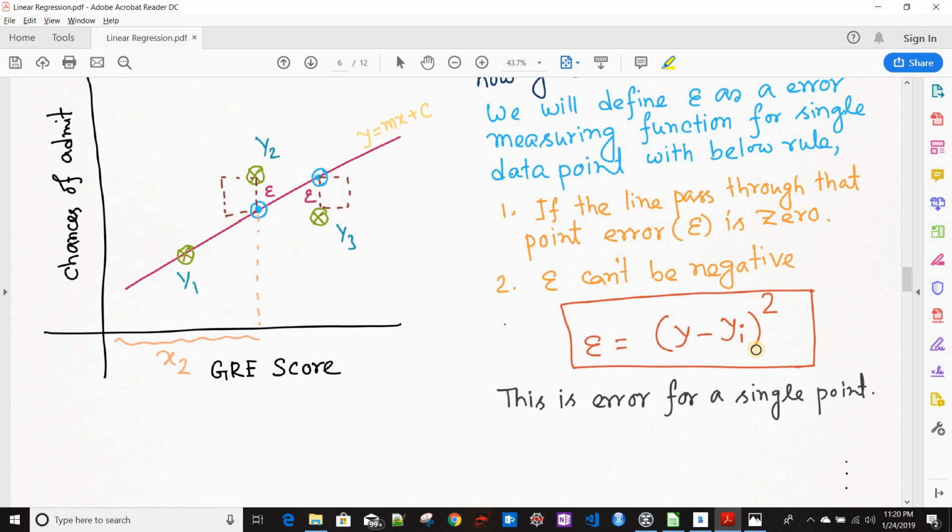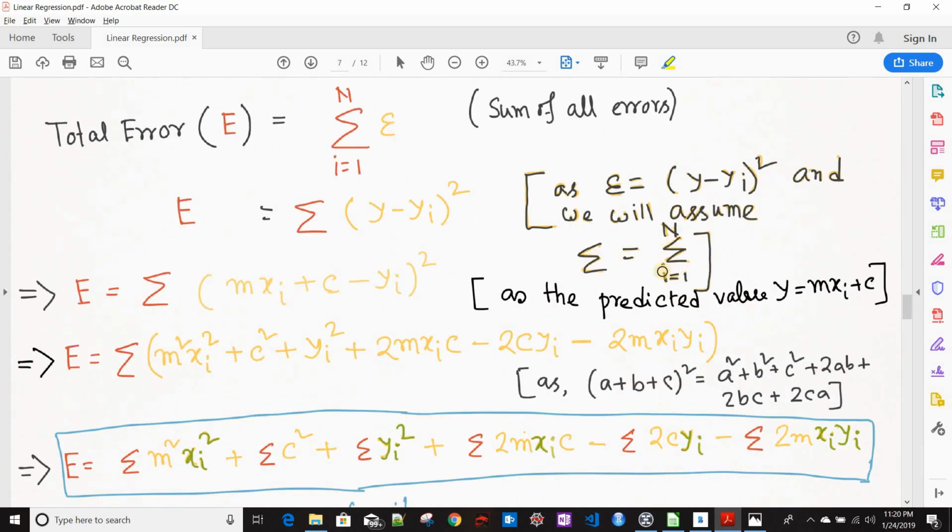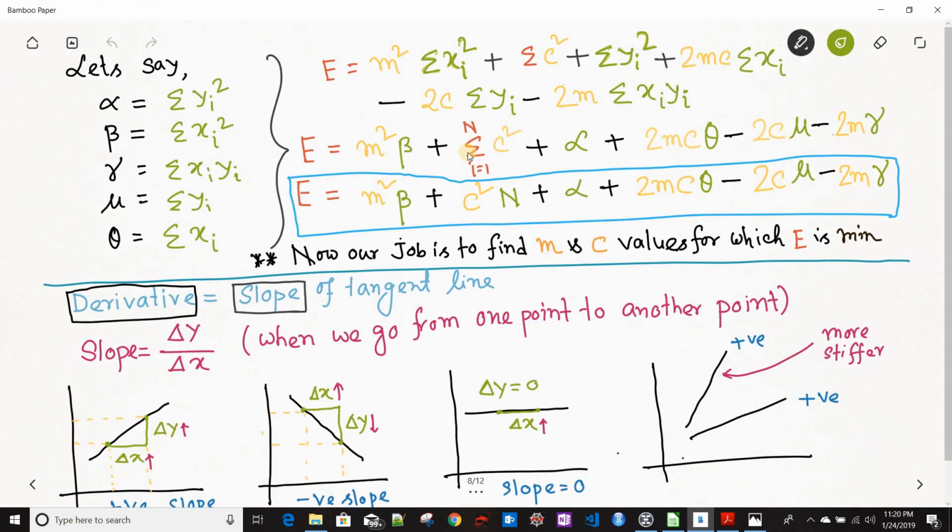I have made the assumption that summation means i equals 1 to n, and c is a numeric value, so c can come outside of the summation. It becomes the sum of i equals 1 to n of 1, which is the total number of observations, so the value will be n. So our final E equation will come out something like this.